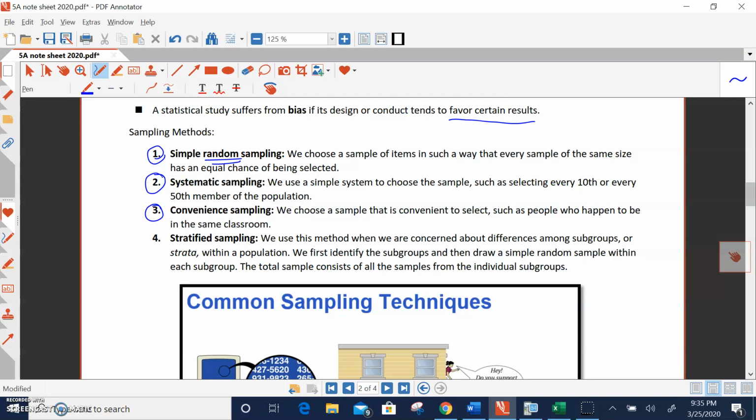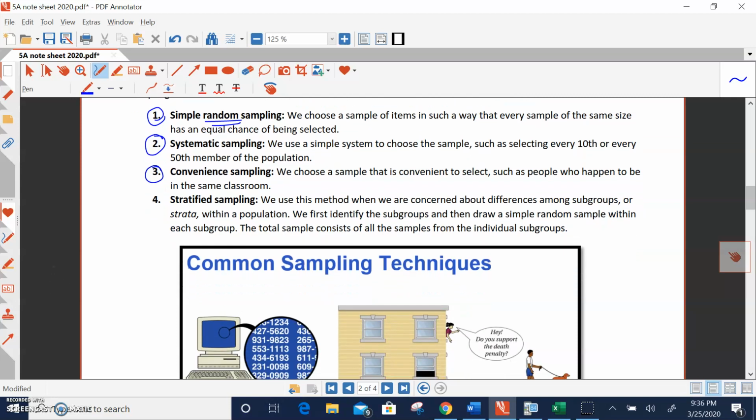You could systematically pick every 5th person on that list and call them to participate in a survey. Or you might be in the dorms and you knock on every 3rd dorm room door. There's a system and a systematic approach to that type of sampling.